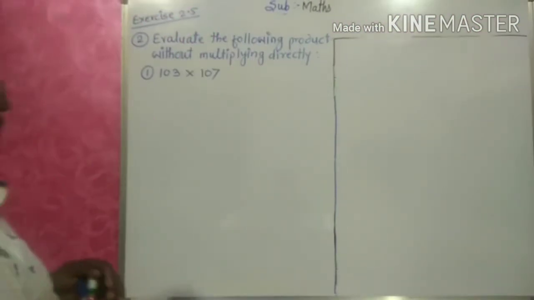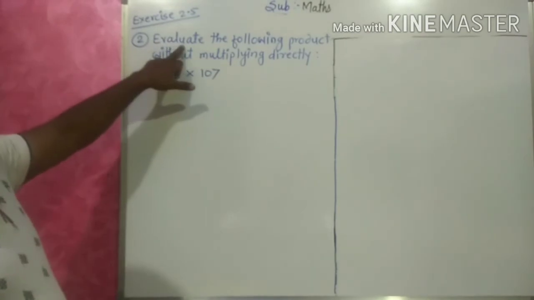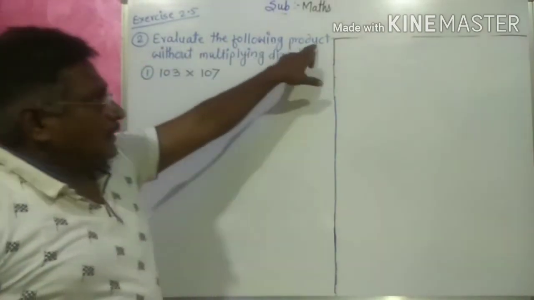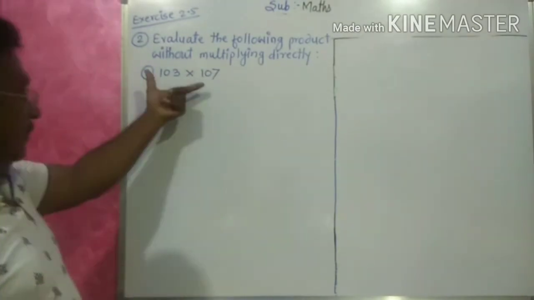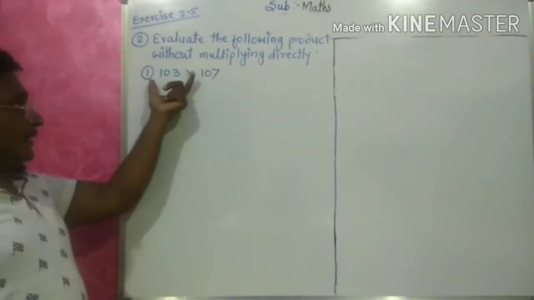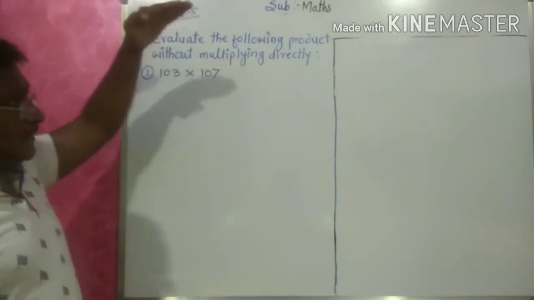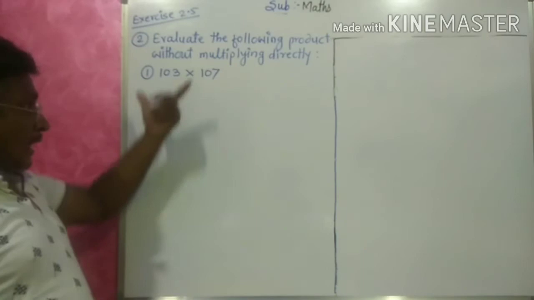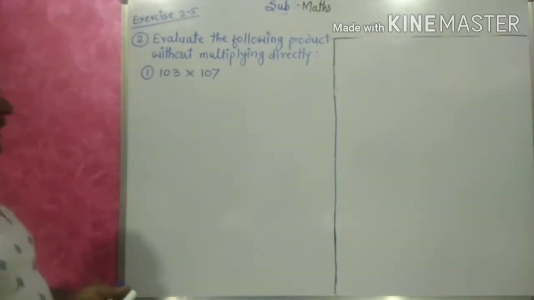Now the second question. What is given in that? Evaluate the following product without multiplying directly. We will not multiply directly here. So by using an identity, how to multiply this? So what has to be done?